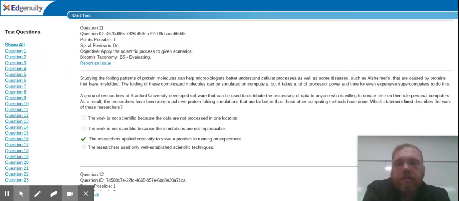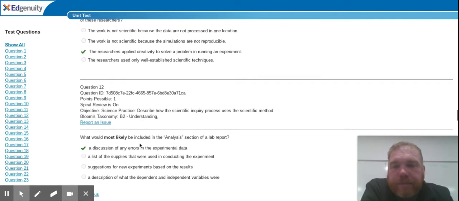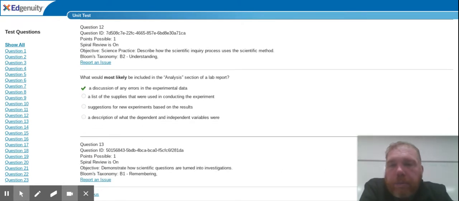Question 11 is asking which statement best describes the work of these researchers. So you have to look at this a little bit. They develop software, so forth, and that's where we're getting this researchers apply creativity. Question 12, what would most likely be included in the analysis section of a lab report?